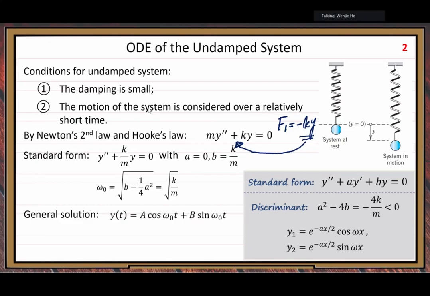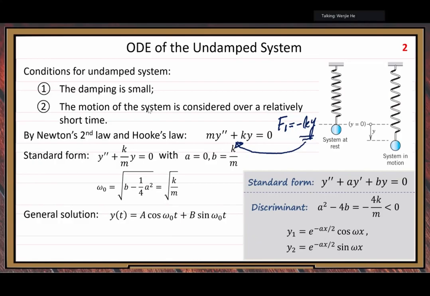With two constants, capital A, capital B, and there is an omega 0 constant inside the cosine and sine function. Omega 0 is known, because from given k constant and given m, the omega 0 is determined for the system.